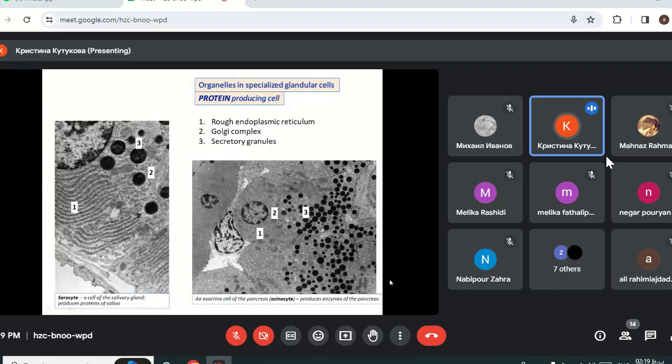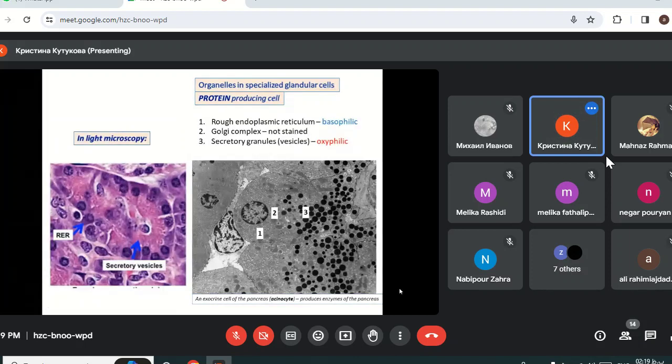And in the right picture you can see the acinocytes. One of them is here, the cells of pancreas. They produce enzymes of pancreas, and these are enzymes for digestion. In light microscopy, how will this cell look?